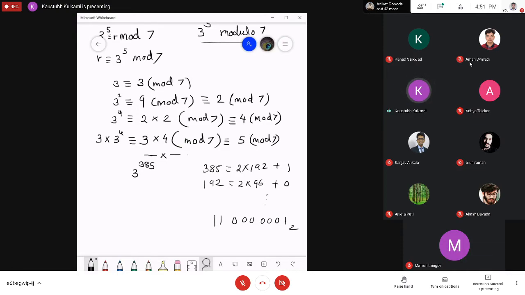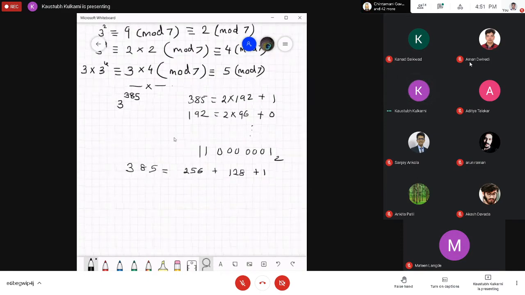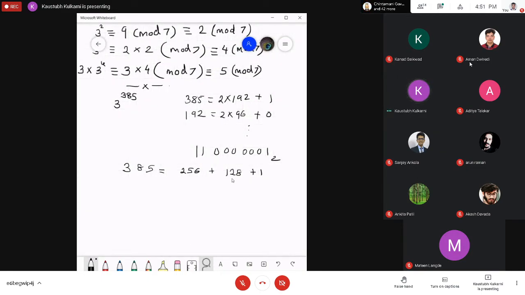What does this binary representation indicate? That 385 is the sum of 256 and 128 and 1. So we are expressing the exponent, that is 385, as the sum of powers of 2.